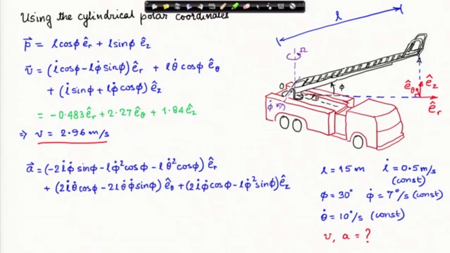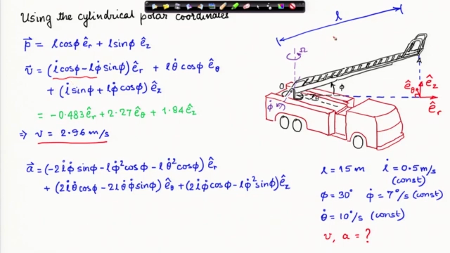Now, for the acceleration, I differentiate the velocity once again. Let us look at a few terms. I start differentiating L dot cos phi. So, I get L double dot, but then L double dot is 0.